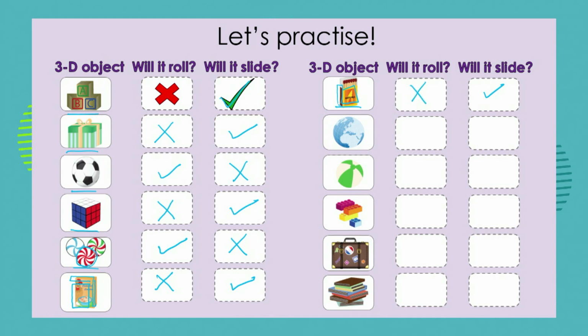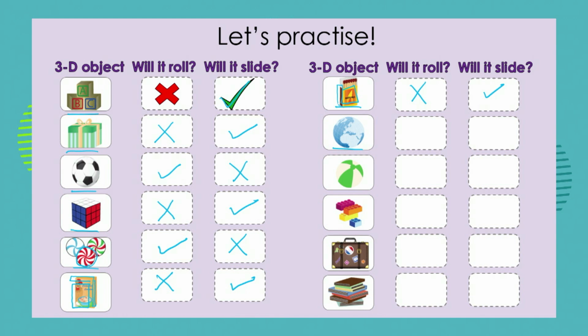The next picture we have is a picture of Earth. We can see that it is round in shape and it looks like a circle. So do you think it is going to roll or slide? Well done.